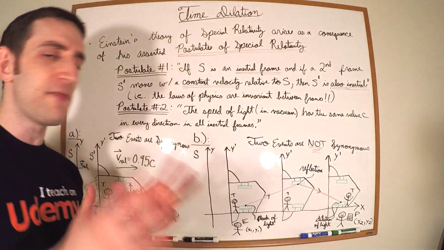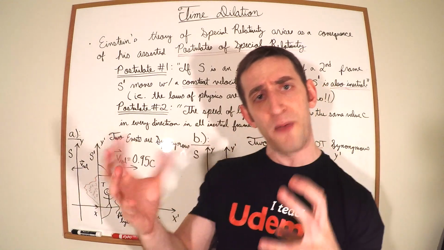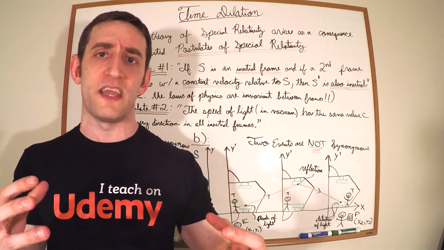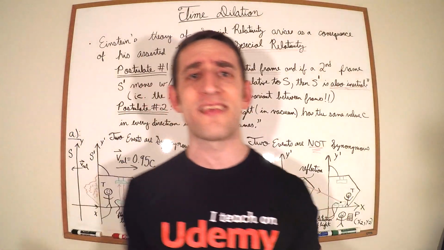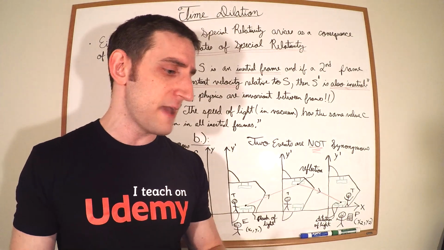So I want you to keep that in the back of your head, that there's this sort of symmetry, this sort of duality perspective going on here, that you cannot know absolutely who is moving, right? There is no absolute conception of the universe. Rather, it's relative to reference frames, okay?